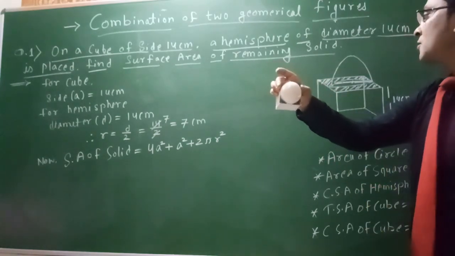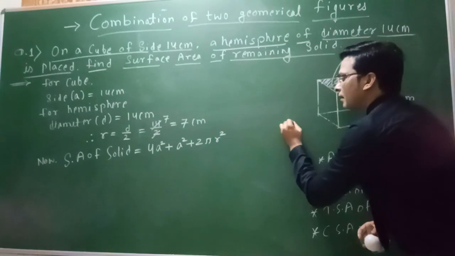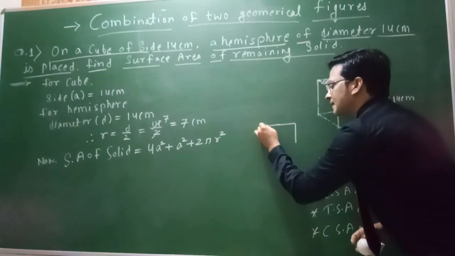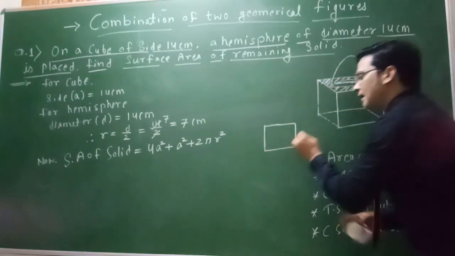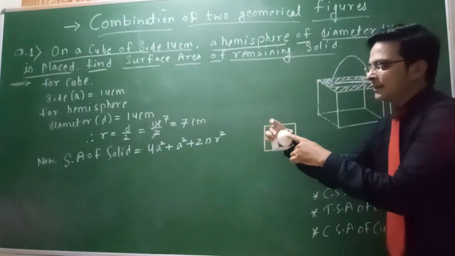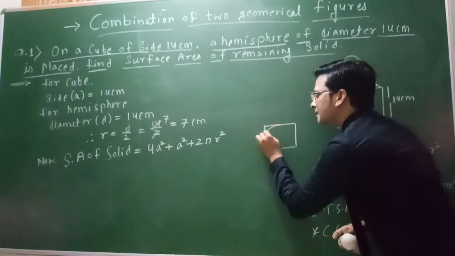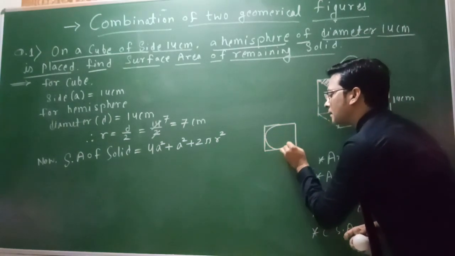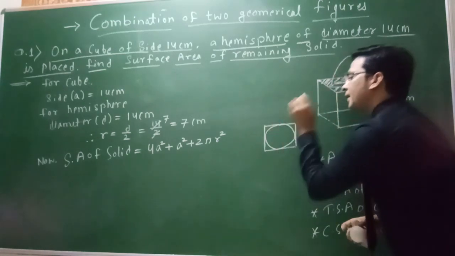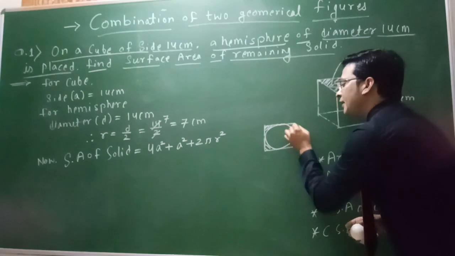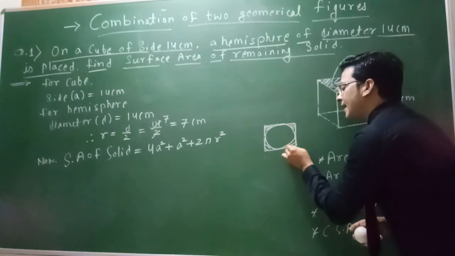Is that clear? So let us see on the board, the upper face is like this. Here a hemisphere is placed on it, like this. Now this shaded portion is visible, so we need to find the area of this shaded portion.